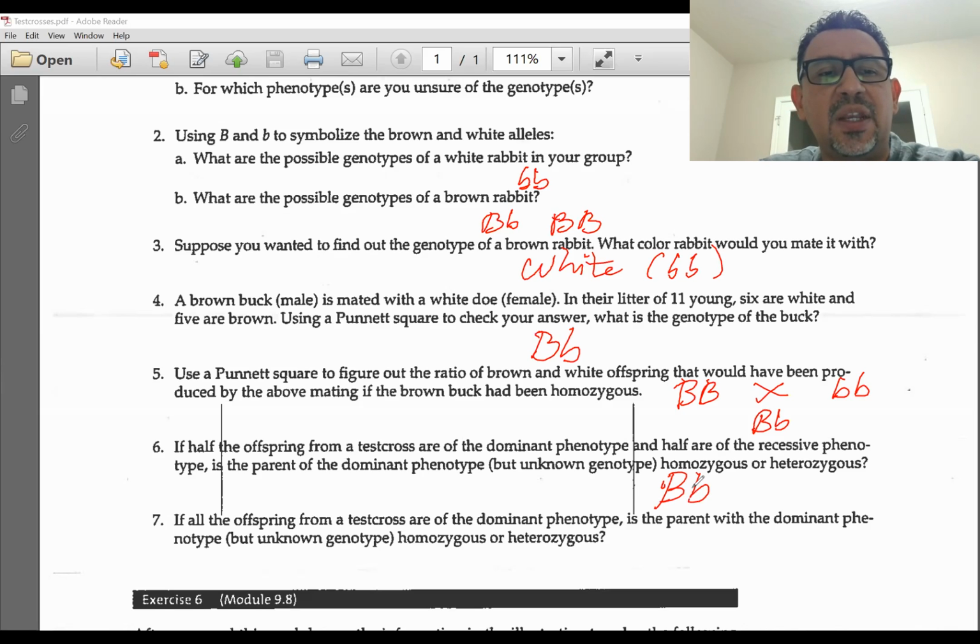And the last question here, if all of the offspring from a test cross are of the dominant phenotype, is the parent with the dominant phenotype but unknown genotype homozygous or heterozygous? If all of the F1 are heterozygotes, then the brown rabbit we began with has to be capital B, capital B, homozygous dominant.